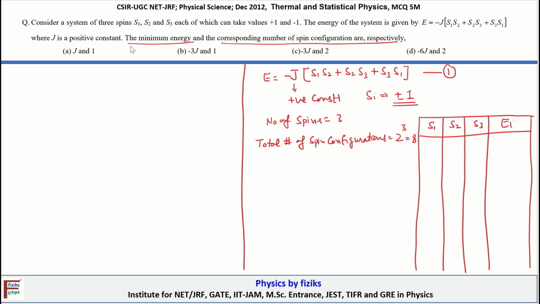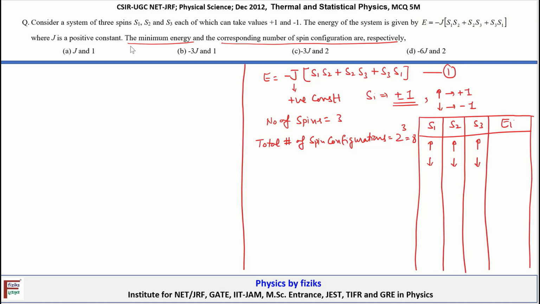We assume that spin up is equivalent to +1, and spin down is equal to -1. So up, up, up, and another possibility is all spins down.